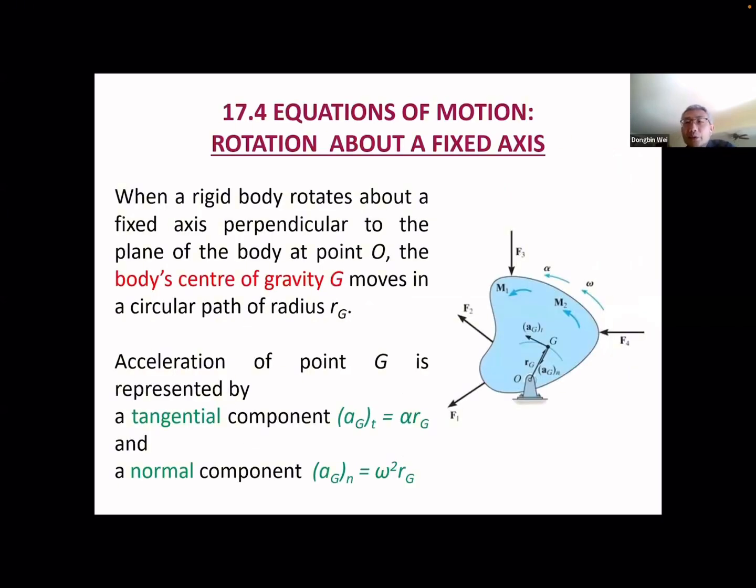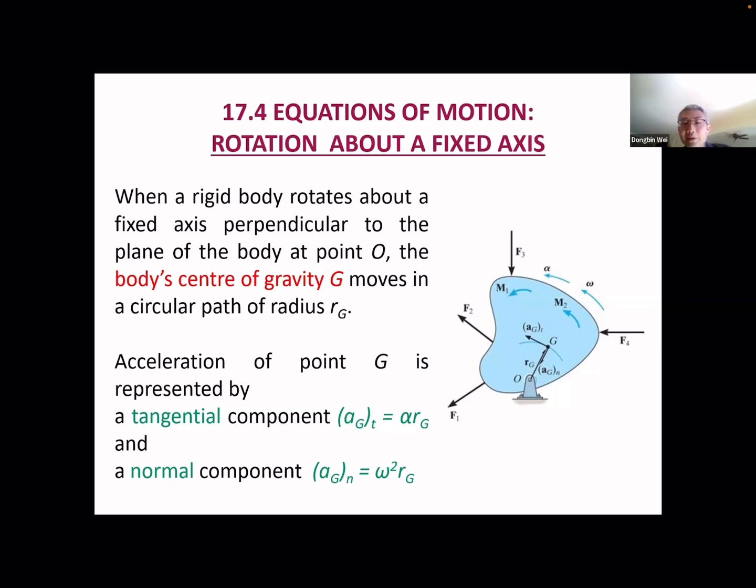Now, we will have a look at how to use the kinetic equation of motion to solve a problem of rotation about a fixed axis. Based on our study in week 1, we know for rotation about a fixed axis, for example, for this rigid body undergoing rotation about a fixed axis at point O, the mass center point G is here.